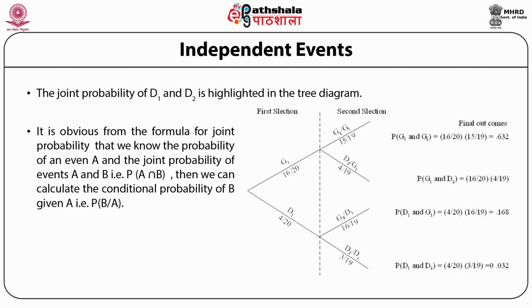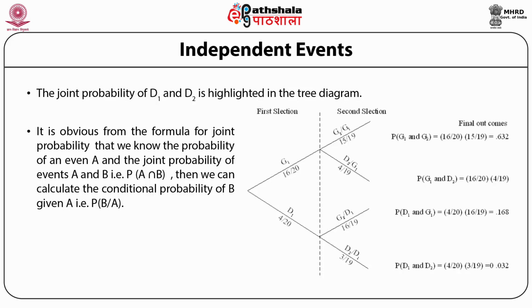These will be calculated as probability of G1 and G2, then probability of G1 and D2. G1 and G2 will be probability of G1 multiplied by probability of G2 when G1 has already occurred. Similarly, probability of G1 and D2 is probability of G1 multiplied by probability of D2 when G1 has already occurred.